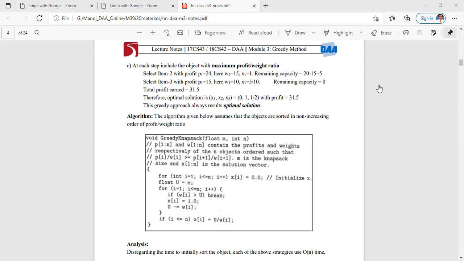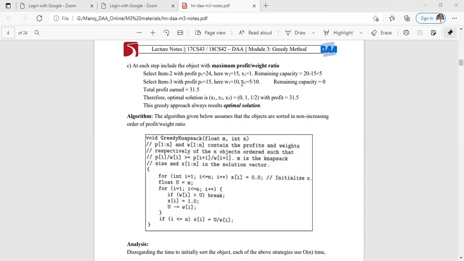What is the formula to find the profit per weight ratio? It is Pi divided by Wi. So understand here, this is the formula you have to use: profit by weight. So the maximum is 24 by 15.